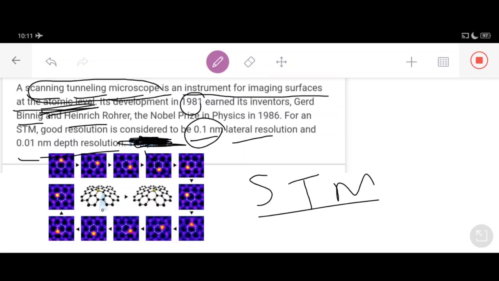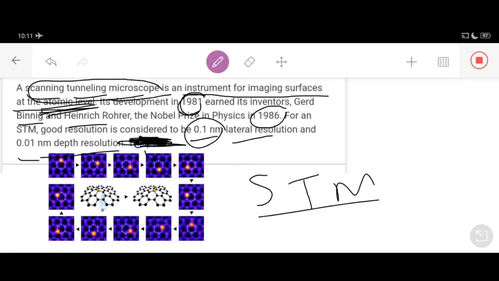It was developed in 1981 by Gerd Binnig and Heinrich Rohrer, and they got the Nobel Prize in 1986 for the same invention, my dear students. That is for the scanning tunneling microscope, and it can have a resolution of 0.1 nanometer to 0.01 nanometer.